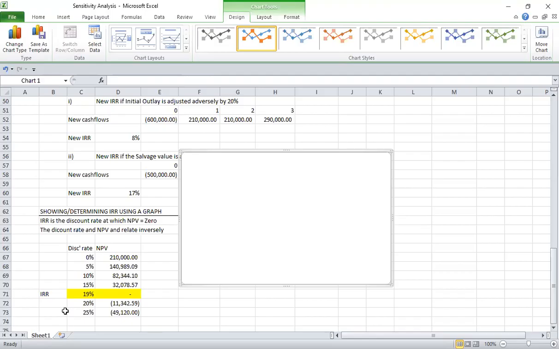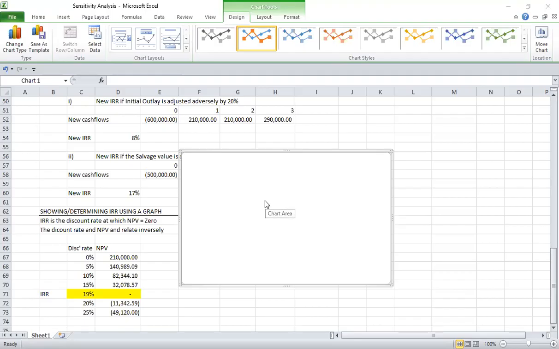Have you been shown some window inside your Excel, a blank one? Yes. All right. So that blank area is what is called the chart area.